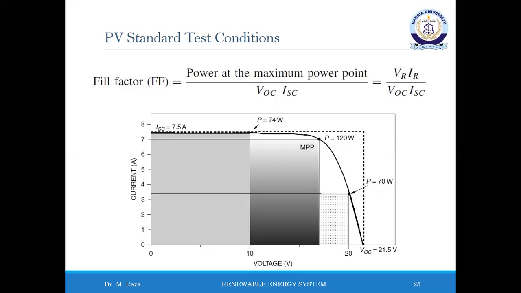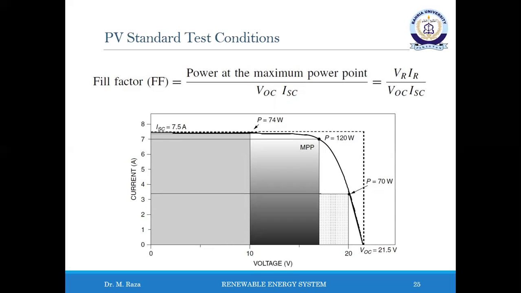Since PV characteristic curves shift all around as the amount of insolation changes and as the temperature of the cells varies, the standard test conditions, abbreviated as STC, have been established to enable fair comparison of one module to another.